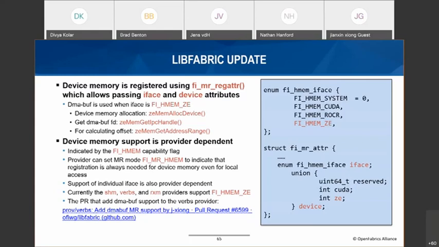This adds support to the verbs provider, so now the verbs provider can properly handle memory allocated by the ZE interface and pass it down to the new RDMA core library and work properly on the new kernel, kernel 5.12.